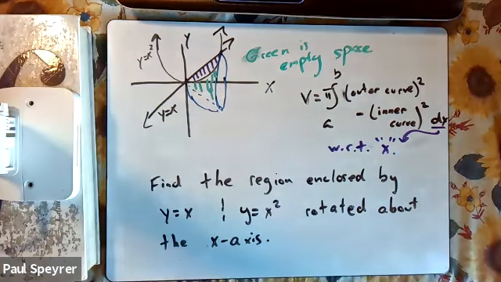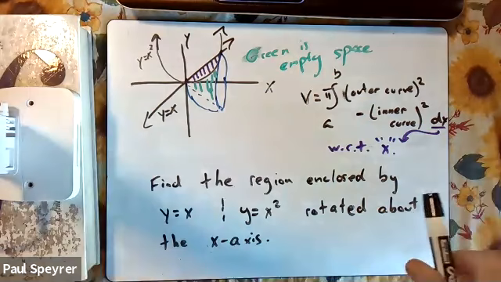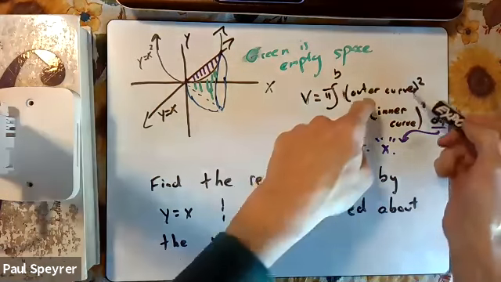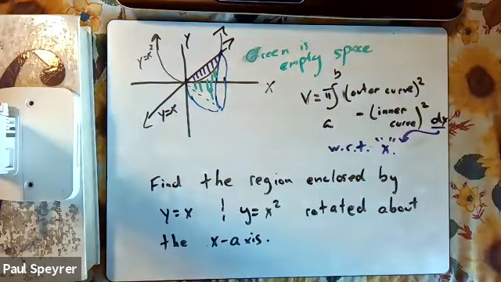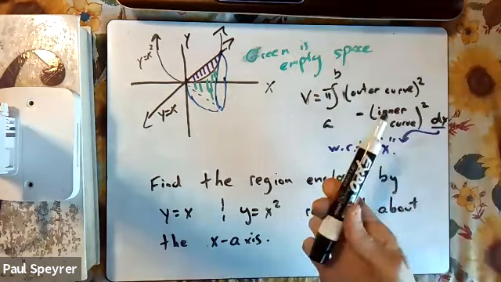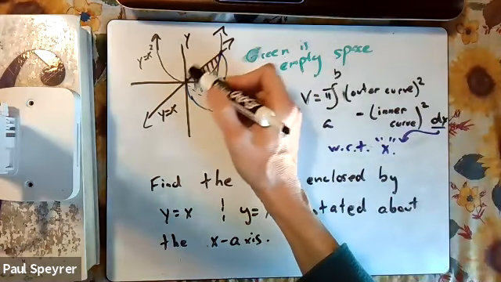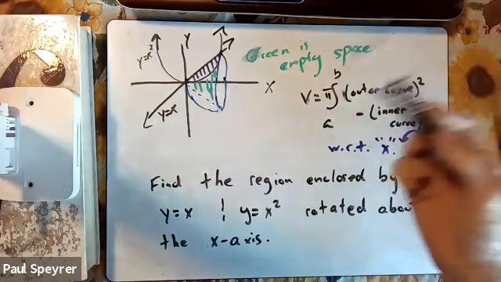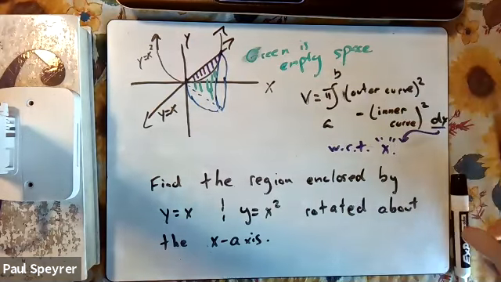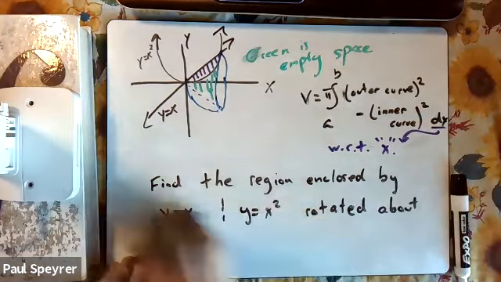So we have outer curve minus the inner curve. But before we even get to this part, we've got to figure out the limits, right? Like, what are the limits where we're rotating? Well, it's where these two equations intersect. How do we figure out where these two equations intersect?